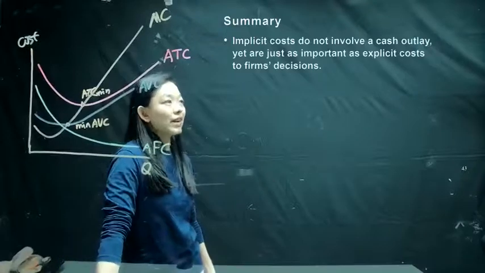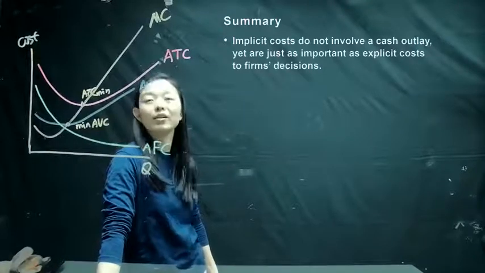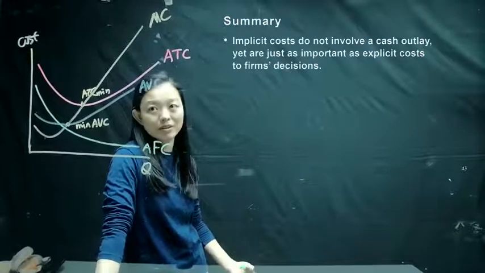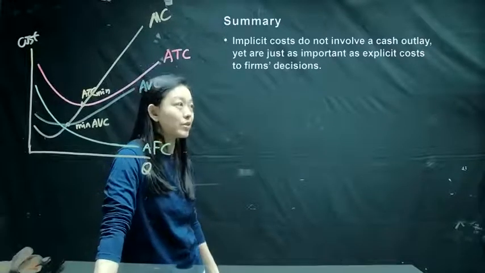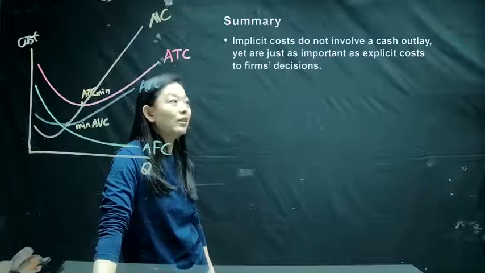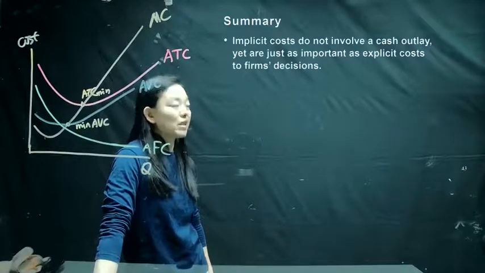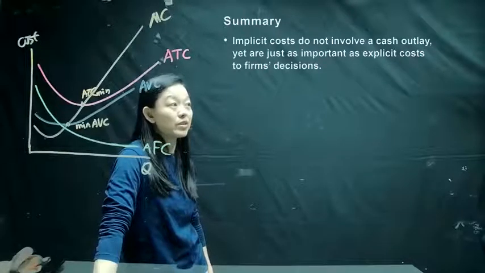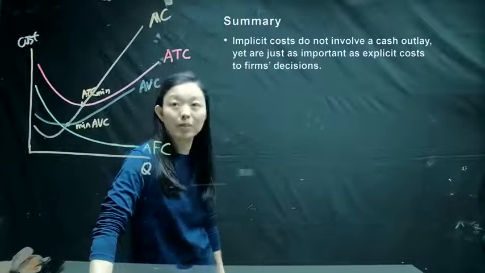Let's look at the summary of this chapter. At the beginning, we talked about two different types of cost: implicit cost and explicit cost. Implicit costs do not involve a cash outlay, but they are as important as explicit costs, especially after you learn economics.